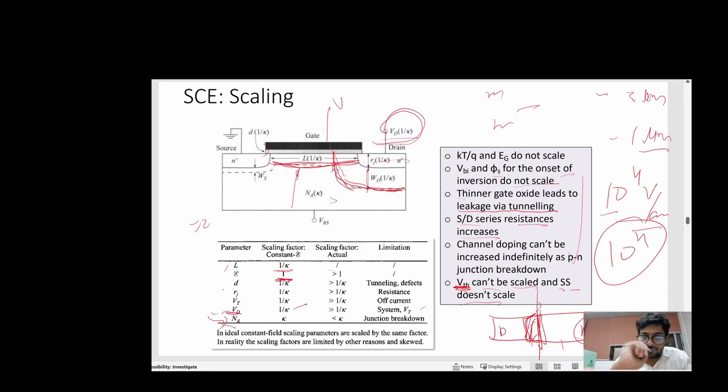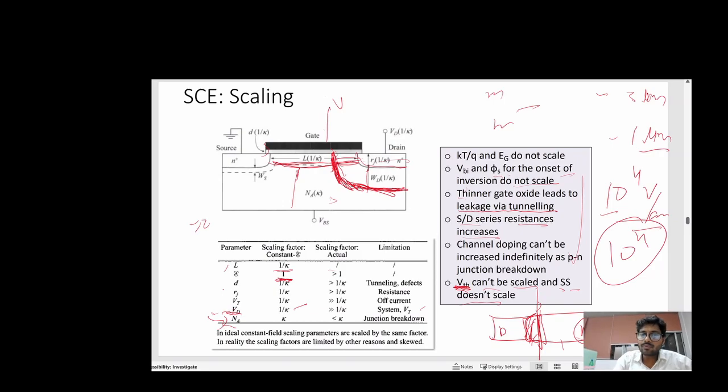Without the gate, it will look like this, starting from the silicon dioxide. Because the depletion region is the PN junction, it will follow this path.